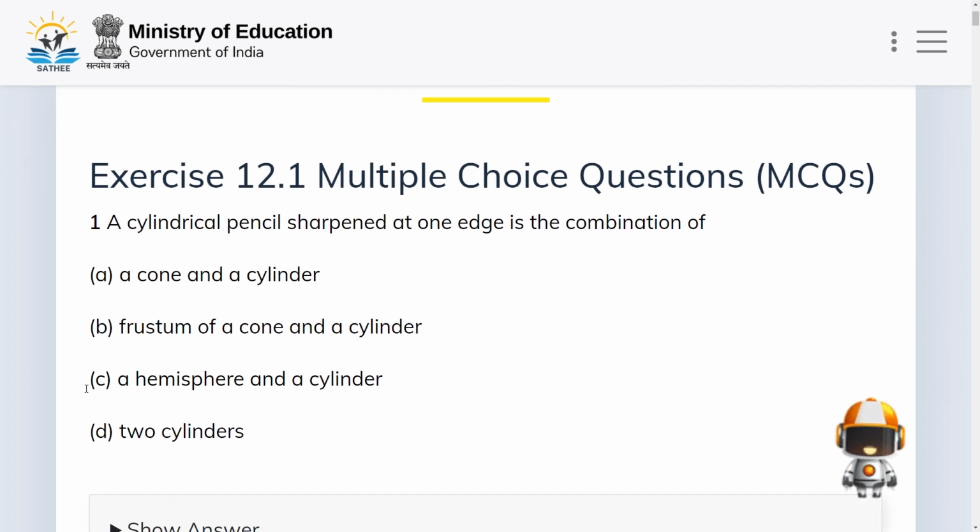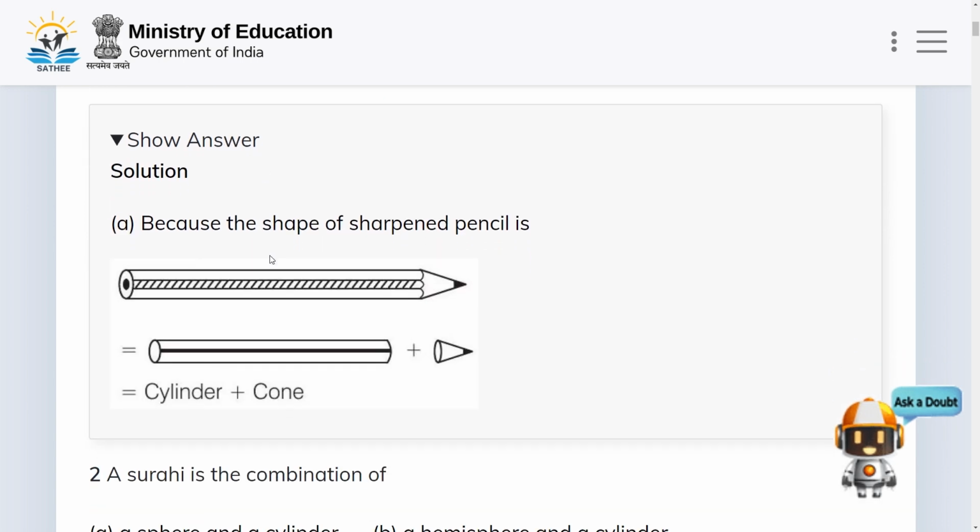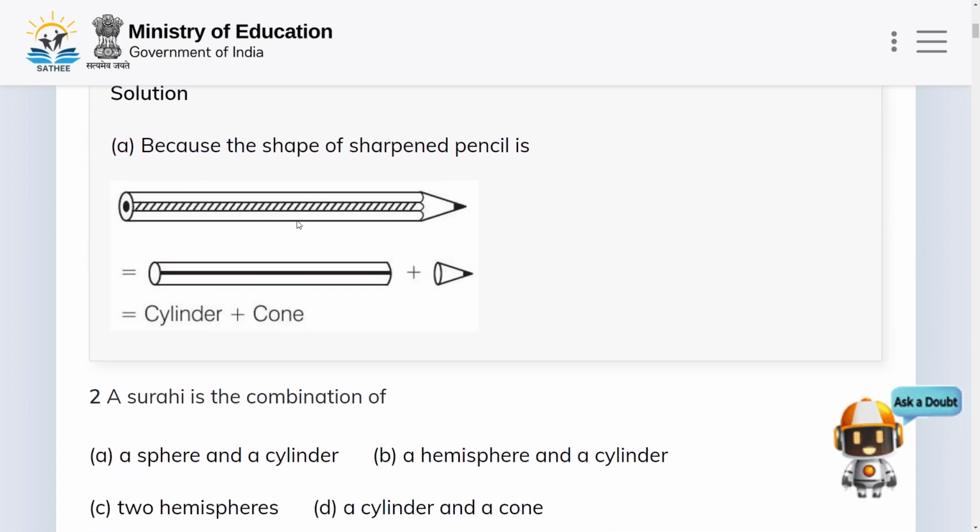In the first question, we have a cylindrical pencil sharpened at one edge. It is a combination of what? Do you see the cylindrical pencil? Sharpened at one edge. If you see the cylindrical pencil, it looks like this. This is our cylindrical pencil, and the shape of the sharpened pencil is like this.